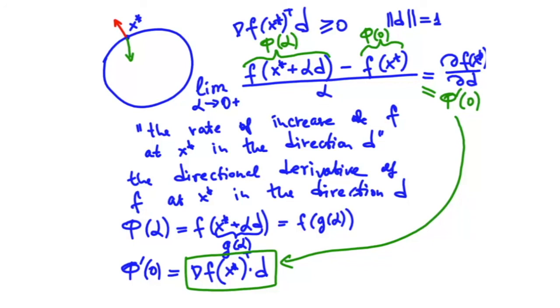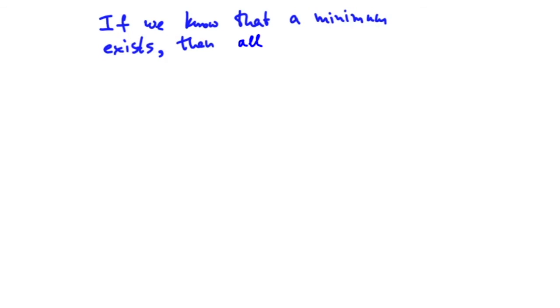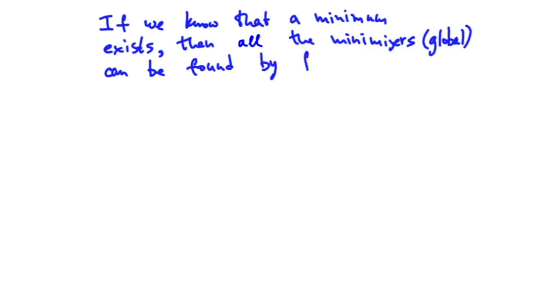As we have already mentioned, this first order necessary condition is not a sufficient condition and doesn't guarantee anything. We only know that this condition is satisfied if the point is a local minimizer. But in some cases this condition can be very helpful, in particular if we know that a global minimizer exists for our function. Then we can find the minimizer by checking all the points that satisfy the first order conditions.